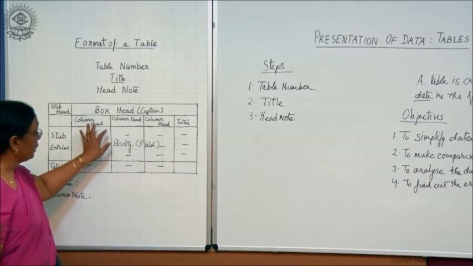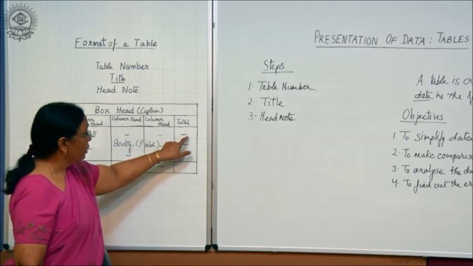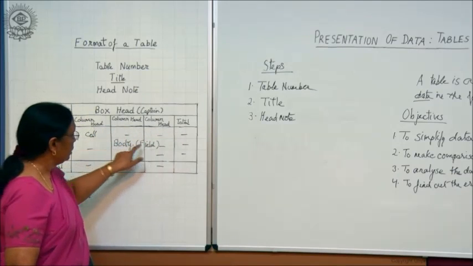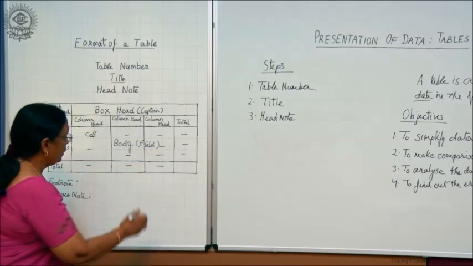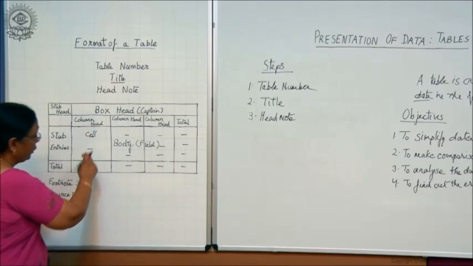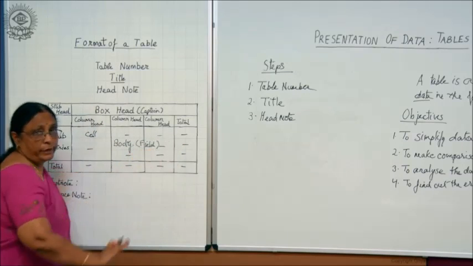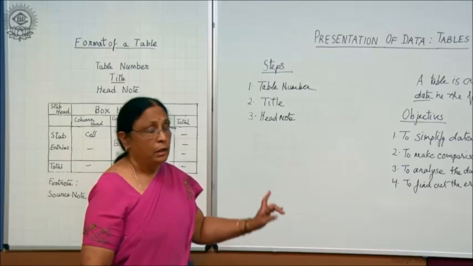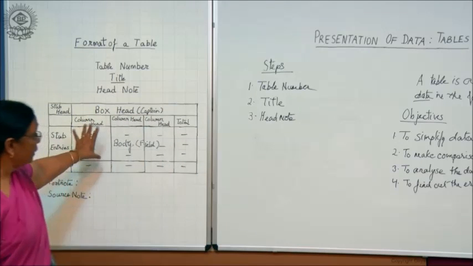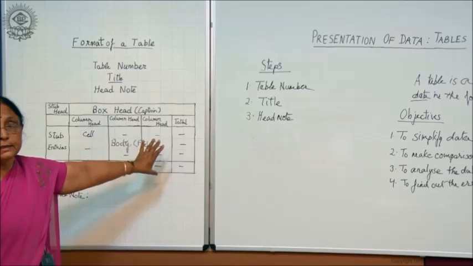So each row, whatever data is given here, has its total, and in the same way this will give you the grand total, right? This way the data is entered and the total is made for analysis.